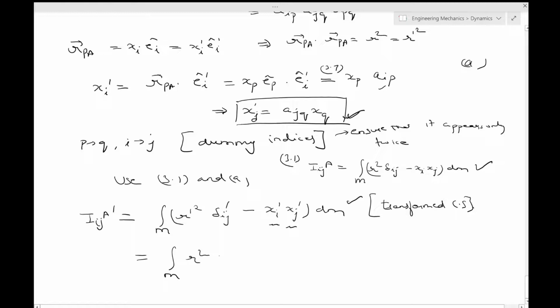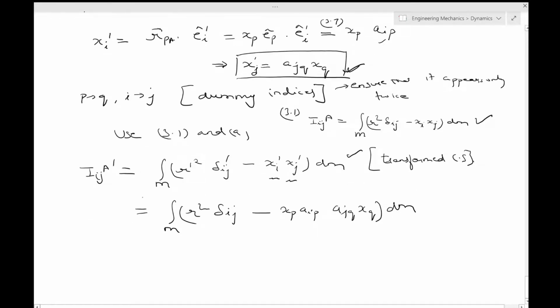So r square delta ij dash will be equal to delta ij minus x_i dash, which is x_p a_ip, x_j dash is equal to a_jq x_q, dm.